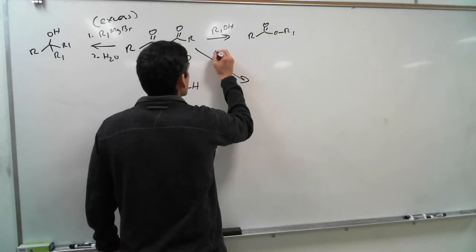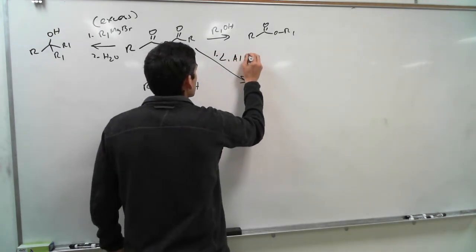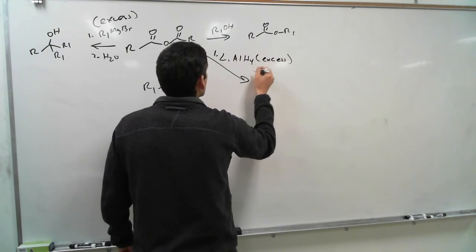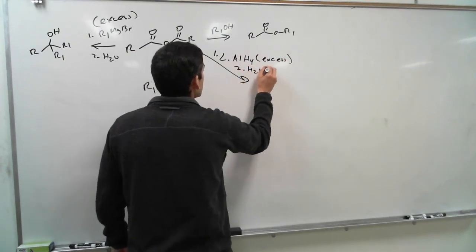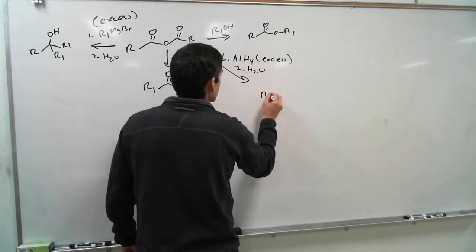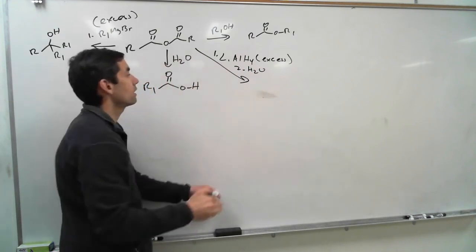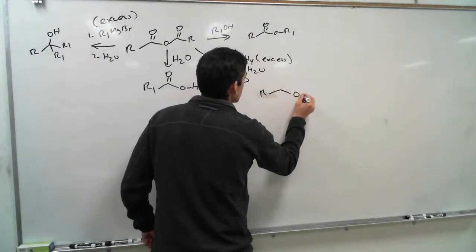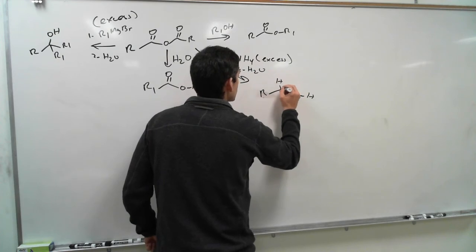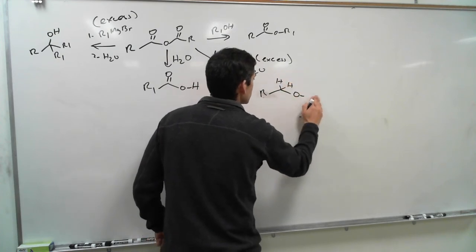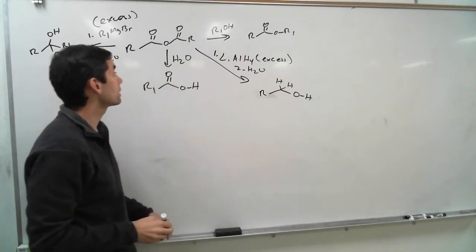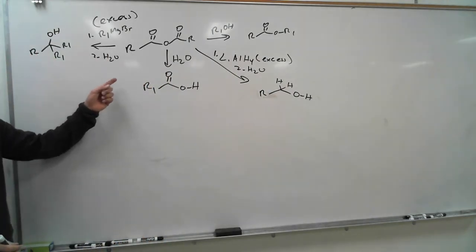Lithium aluminum hydride in excess, then with water, and what are we going to get? You can guess it. Just like we saw with our acid chloride, OH. We're going to add two groups here, right? So you can see with our anhydride, we do all those similar reactions to the acid chloride.